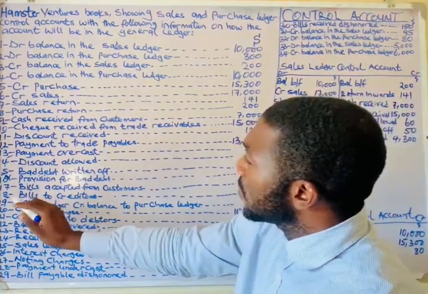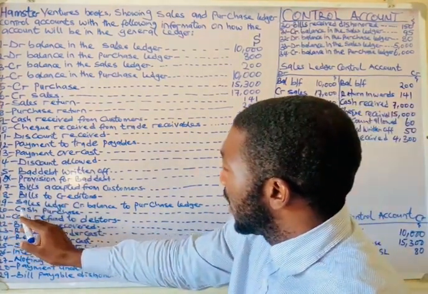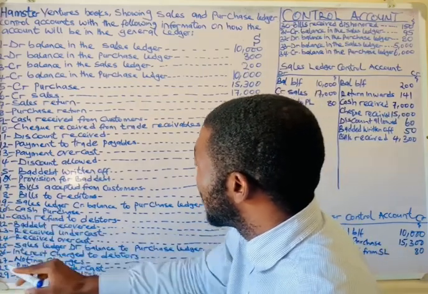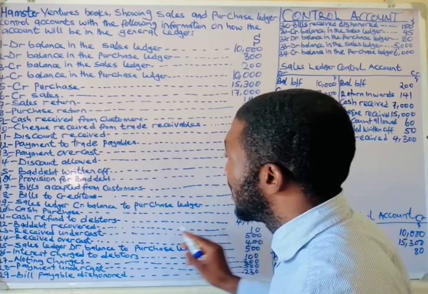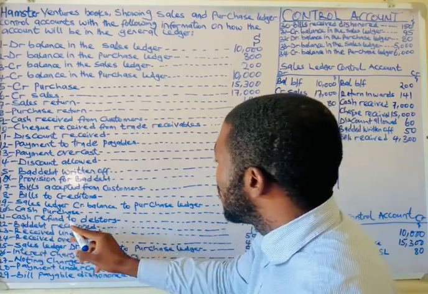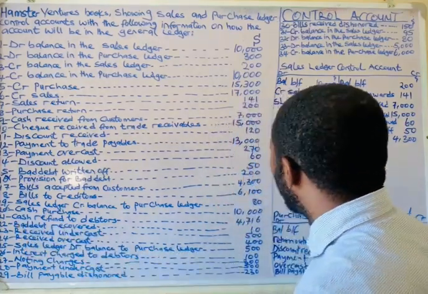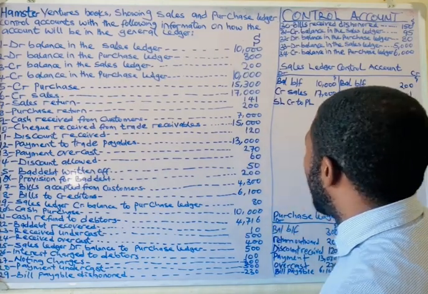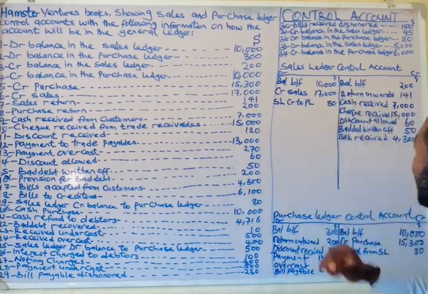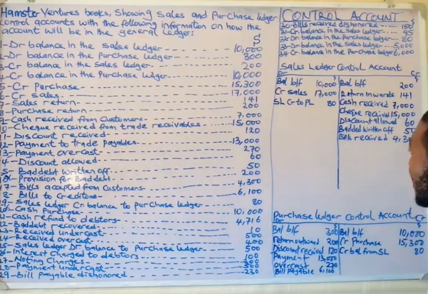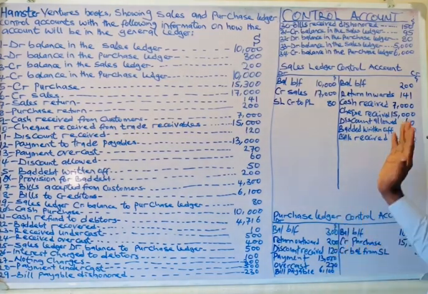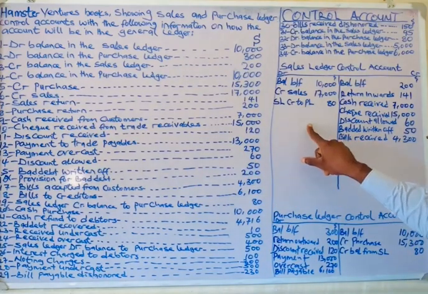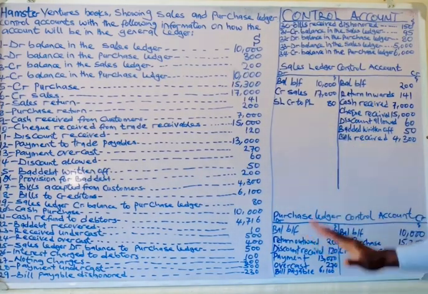So number 20, cash purchase. Anything you pay cash purchase is not going to be in our control ledger. Cash refund to debtors. We refund cash to our debtor, it will increase the debit balance of our sales ledger, because they have already paid us. Maybe the cash we received was not meant for this transaction, so we have to refund it back.